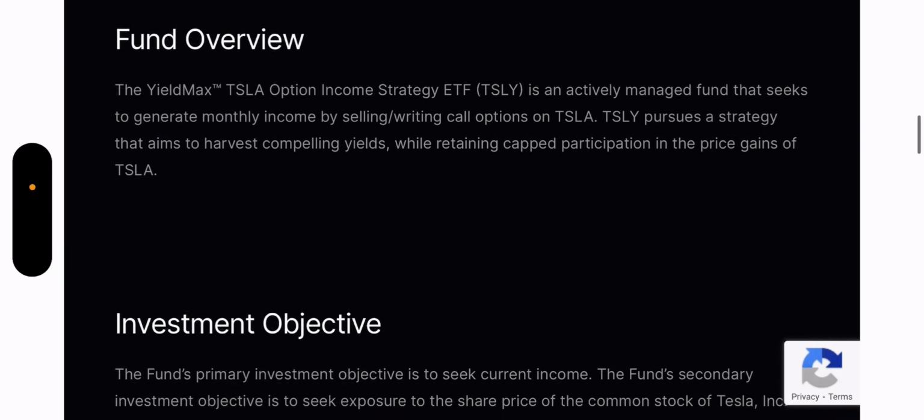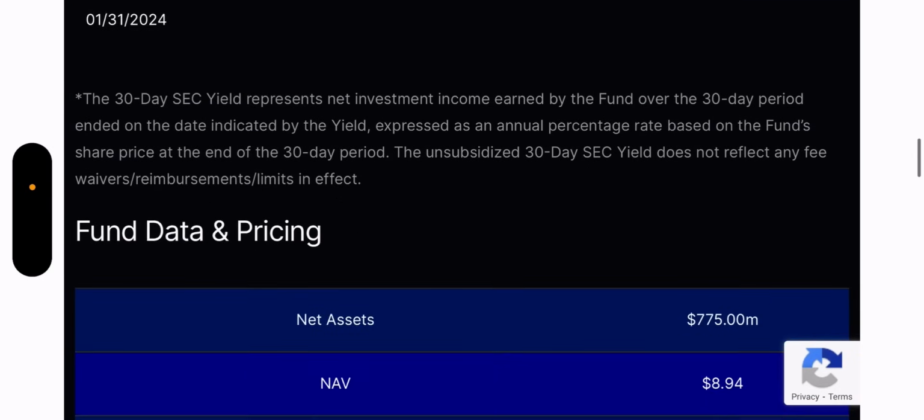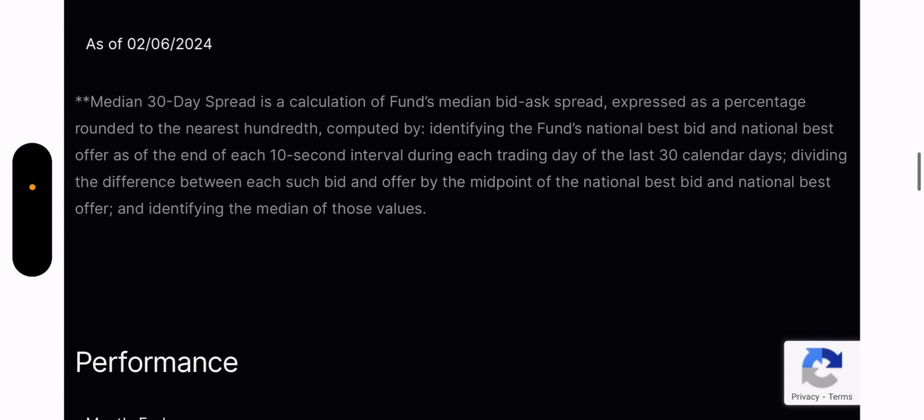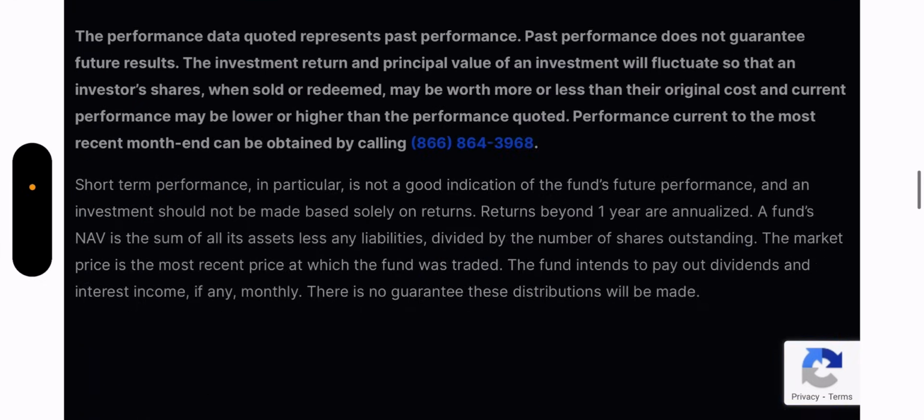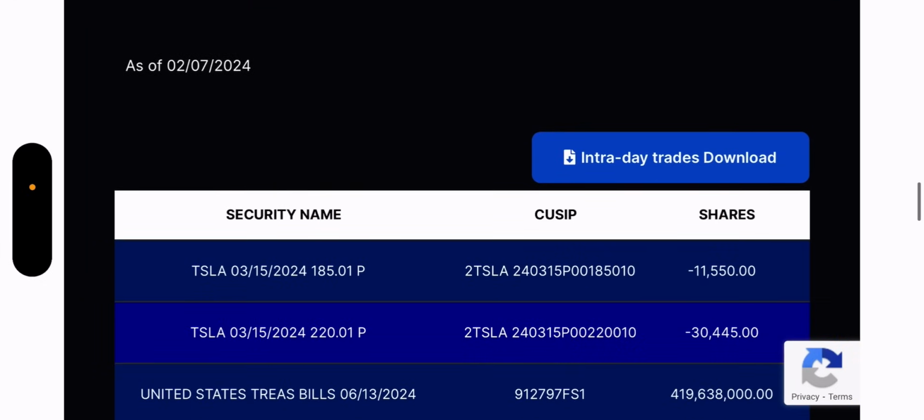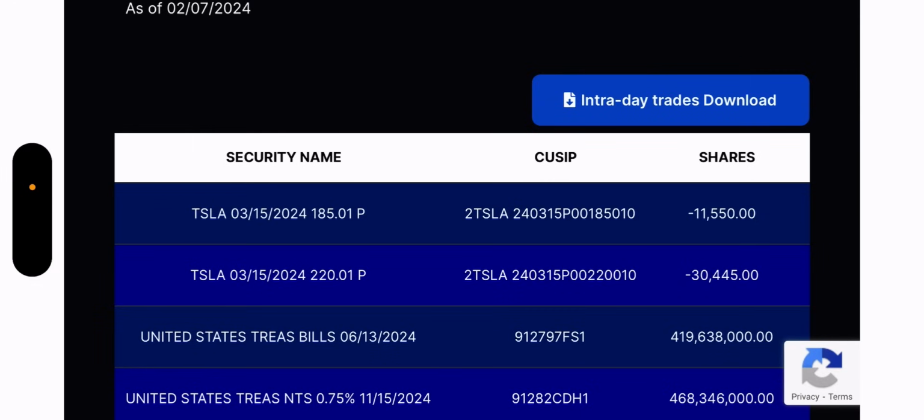But where I get the information to track this data is through the website on the intraday trades, which is right here towards the bottom. There's an intraday trades download. This information is only available after hours for that current day.